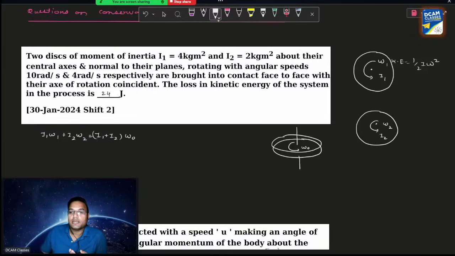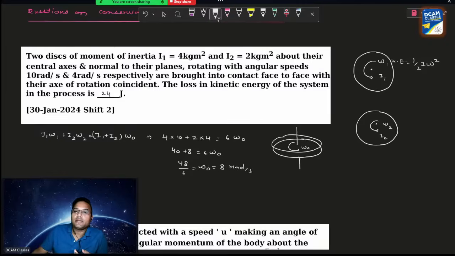Omega naught I am taking as the combined angular velocity. So it will be simply 4 into 10 plus 2 into 4 is equal to 4 plus 2, 6, into omega naught. 40 plus 8 is equal to 6 omega naught. 48 by 6, omega naught, you're getting 8 radian per second.